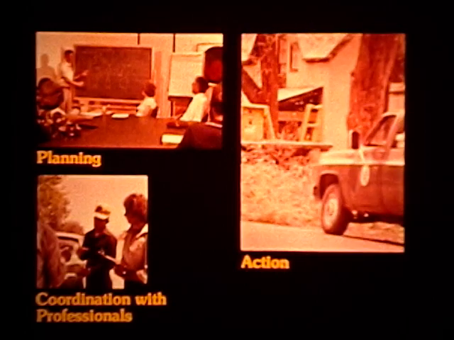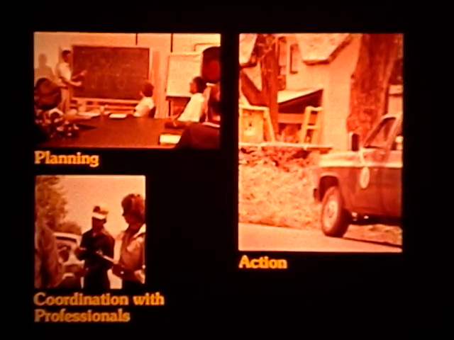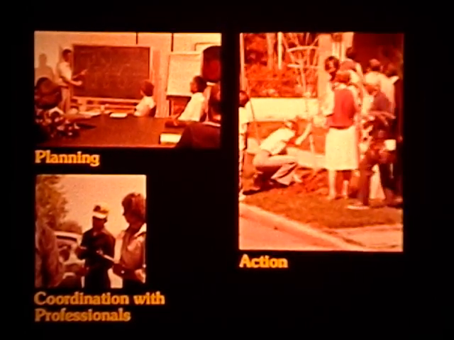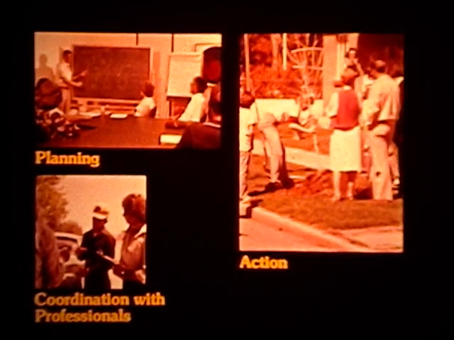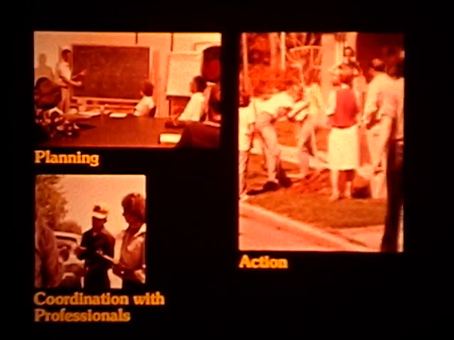Proper planning prevents the problems of the future and provides adequate care and maintenance for the trees of the present. The program must coordinate the efforts and interests of the community with a professional who provides guidance and technical expertise about trees. Finally, a community forestry program is action-oriented. Various projects and activities undertaken by the group provide solutions to problems.